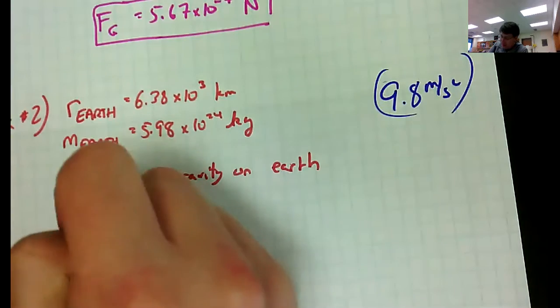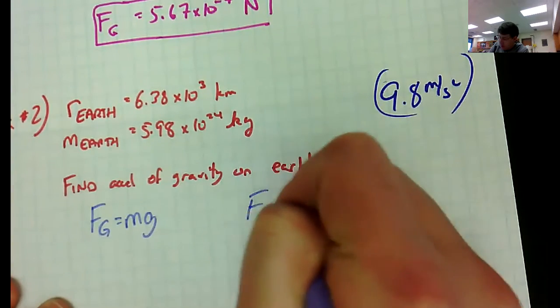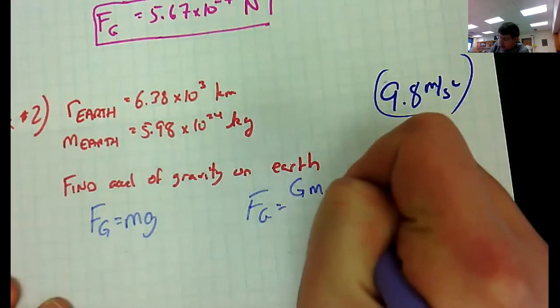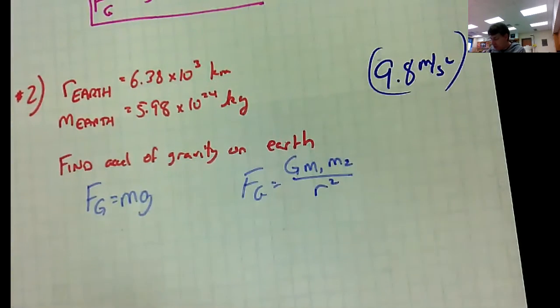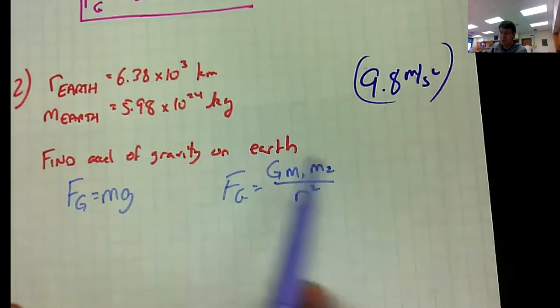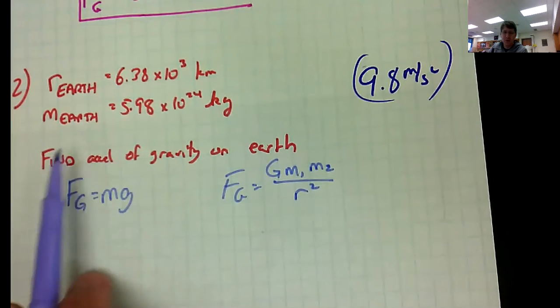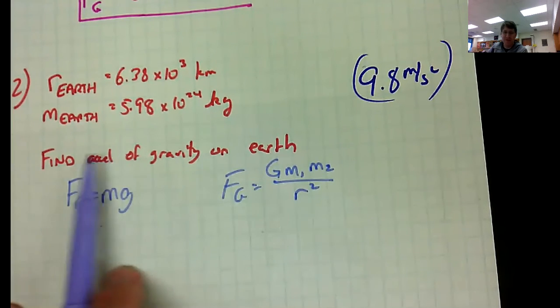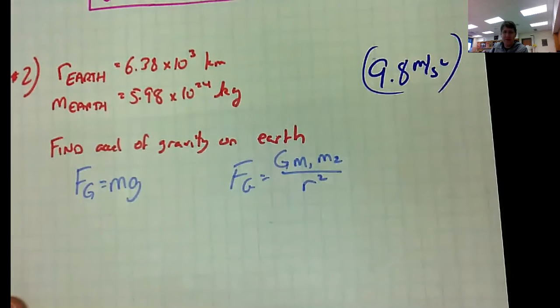We know that Fg equals mg, and we also know that Fg equals G m1 m2 divided by r squared. We call this the law of universal gravitation because it's true everywhere in the universe, while the other is only true on whatever planet I'm talking about. But they are both telling me the force of gravity.